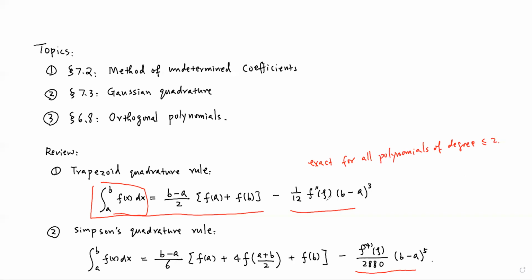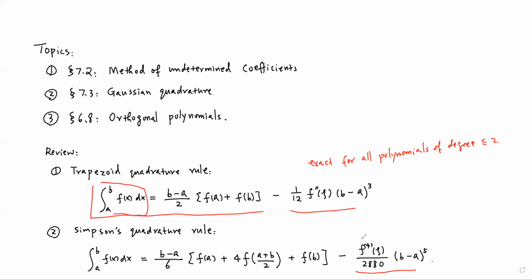A polynomial of degree not greater than 2, take the second derivative, the second derivative is 0. So if f is a polynomial of degree not greater than 2, then the trapezoid rule is exact. The area of the trapezoid is exactly equal to the integral.